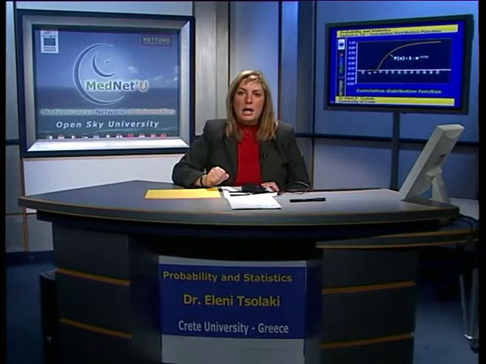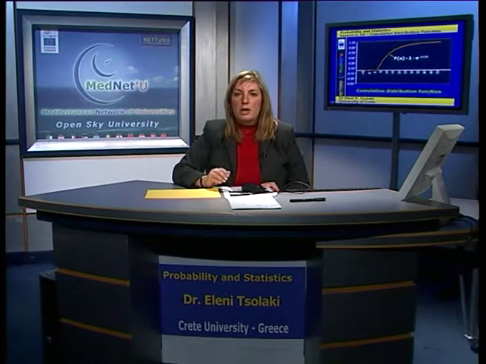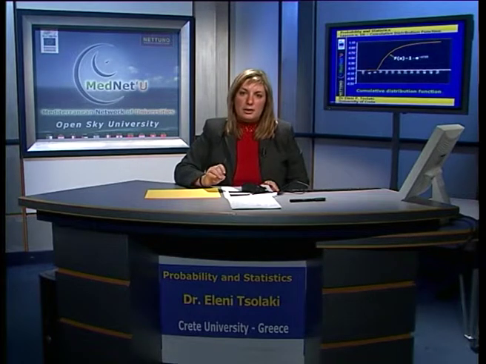So we have seen how we can use the cumulative distribution function to calculate the probability that x is less or equal to a value, or greater or equal to some value, in the discrete and the continuous case.